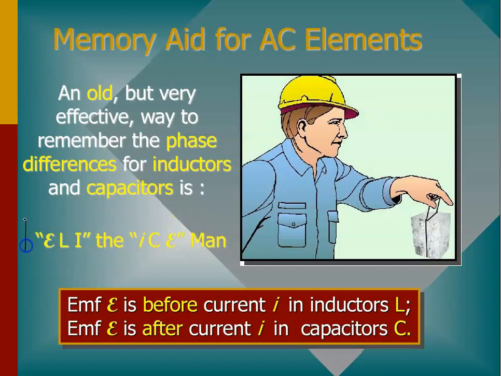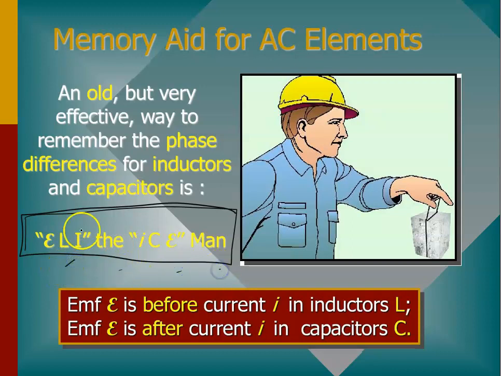So I just need to memorize it by using this quote. It is said here, ELI the ICE man. So in an inductor, the EMF is leading the current by 90 degrees. But in a capacitor, the current is leading the EMF by 90 degrees.